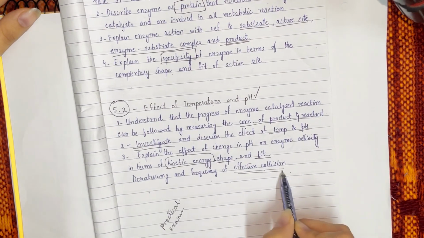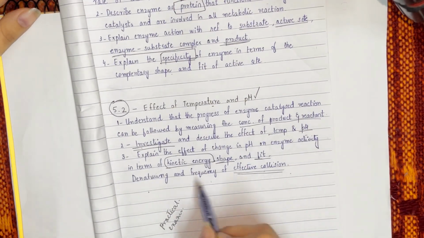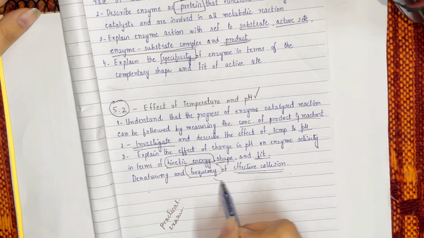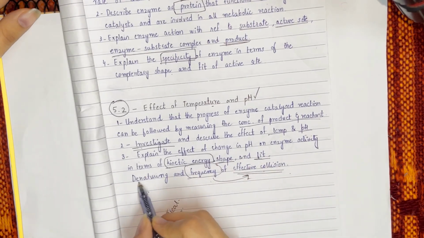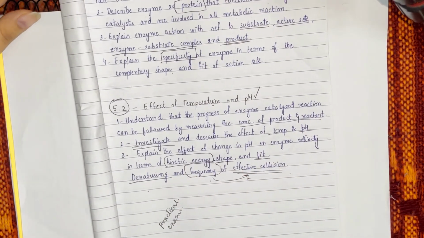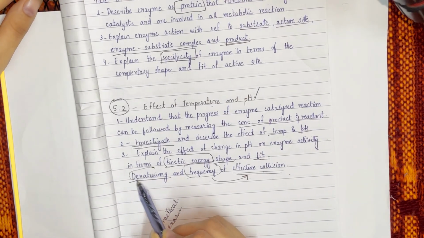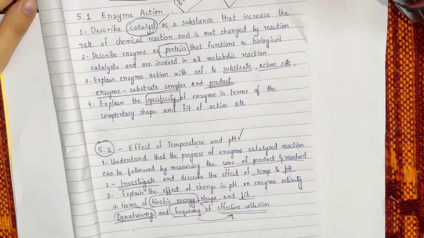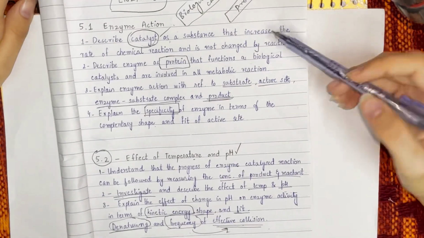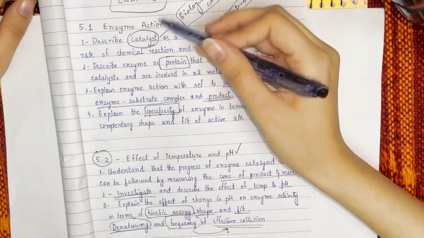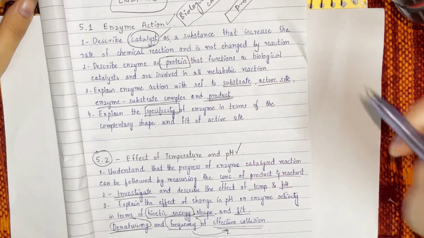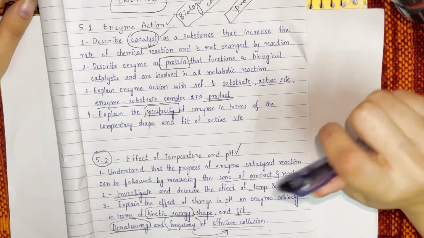As I just recalled to you about the effective collision, how the molecules' frequency increases and they cause effective collisions, and how because the optimum temperature or the optimum pH is not being provided, the enzyme gets denatured. So this is the recall in this video. What we'll be going to discuss is basically enzyme action and the effect of temperature and pH.